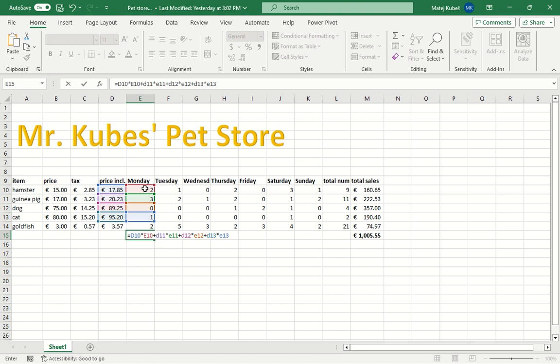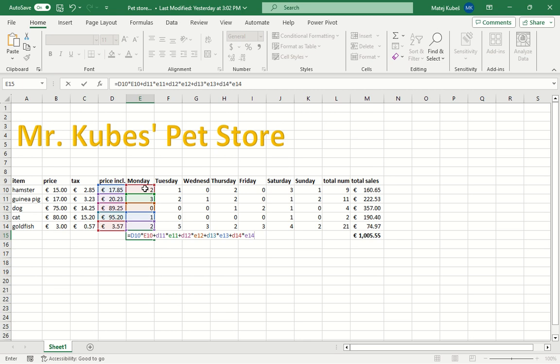And now finally I have goldfish. So the price of a goldfish that sits in D14, so plus, so D14 times E14.